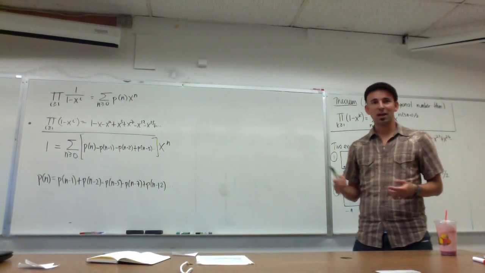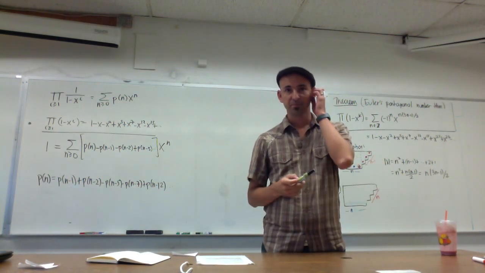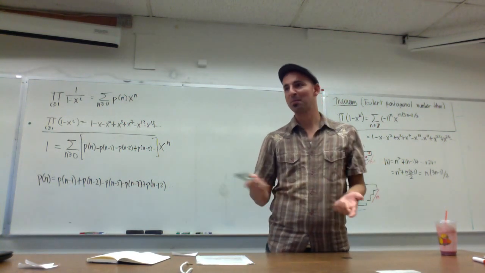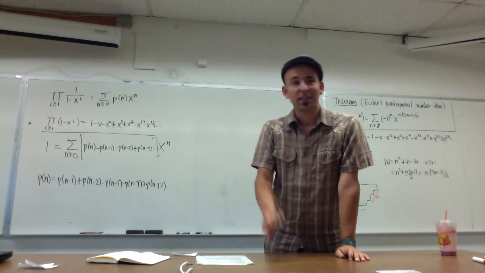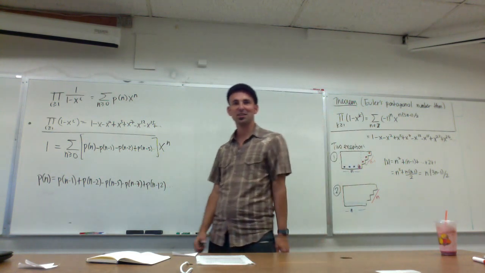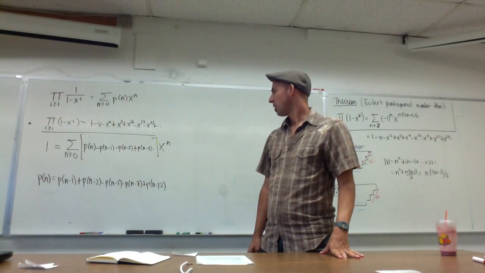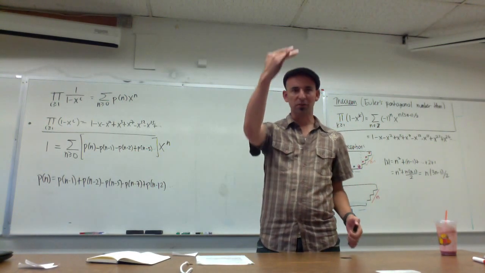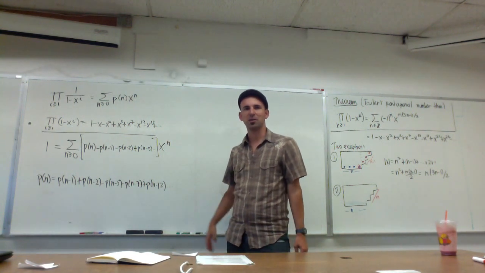And actually, this is how Euler computed these partition numbers. He wanted to know how many partitions there are of 100. Well, he just kind of made this table, and you can really do it by hand at this point with some patience. And really, if you want to compute the whole list of partition numbers from 1 up to n, this is the recursive way to do it, and this is the best way to do it.